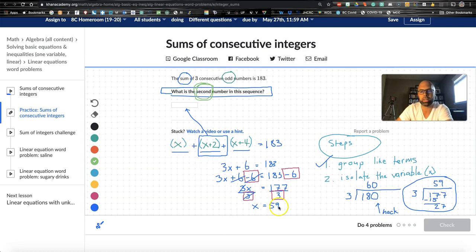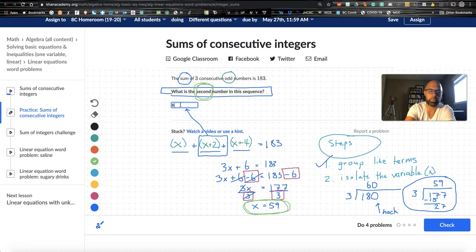We know that X is 59. But look at what the second number is. Second number is X plus 2. So if X is 59, we have to say 59 plus 2 is 61. Does that make sense? Before I hit check, X plus 2, X is 59. We figured that out. Add 2, 61.